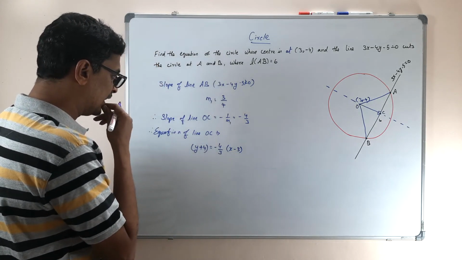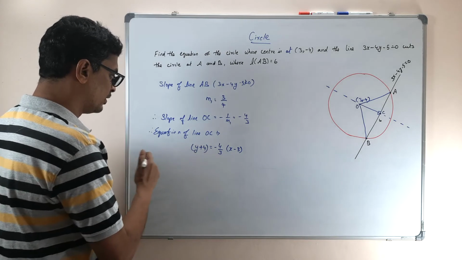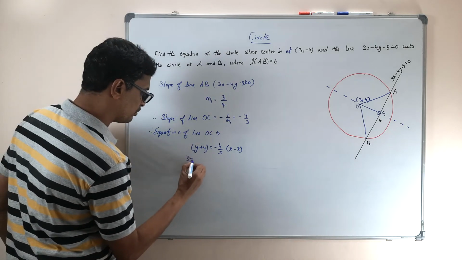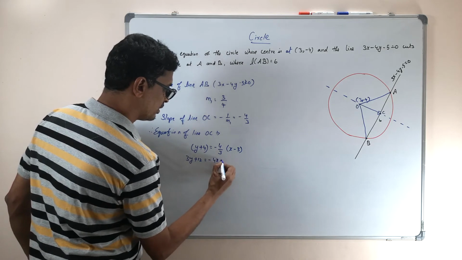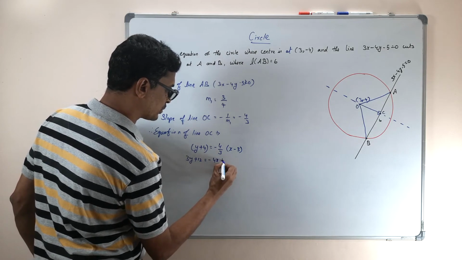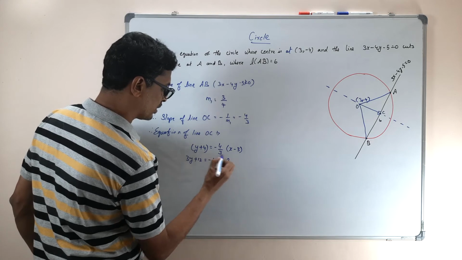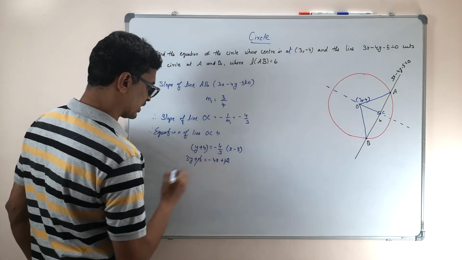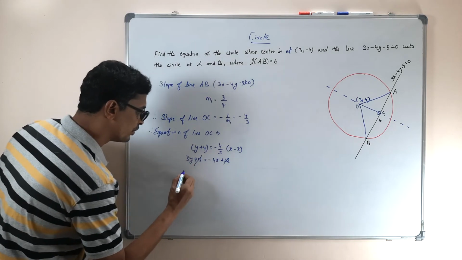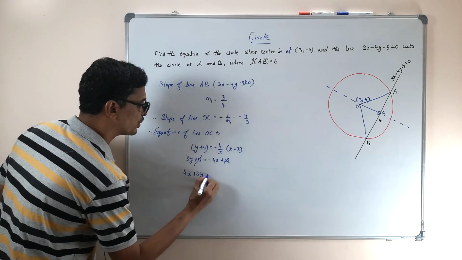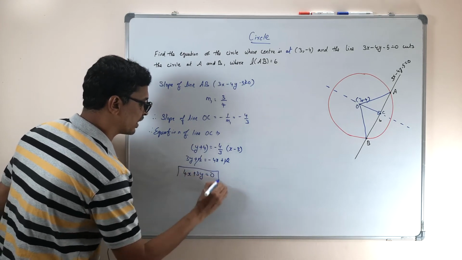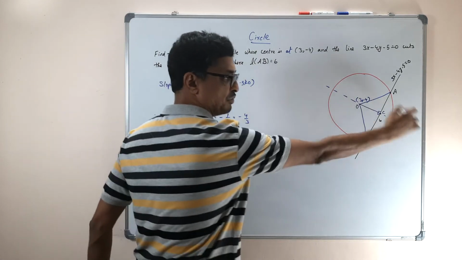So you want to take the 3 this side? Then it becomes 3y plus 12 equal to minus 4x plus 12. Correct? 12 gets cancelled. So 4x plus 3y equal to 0. This is the equation of the line passing through it.